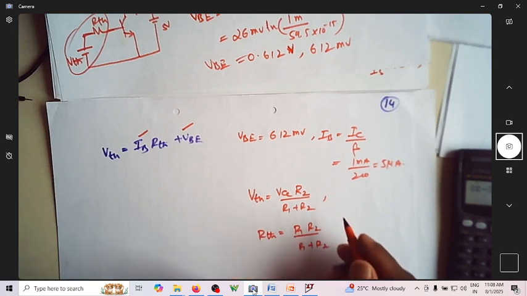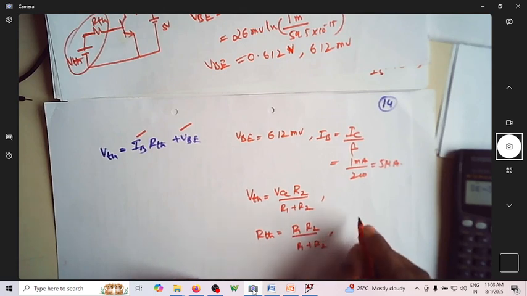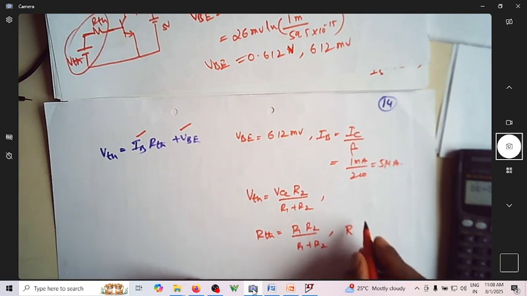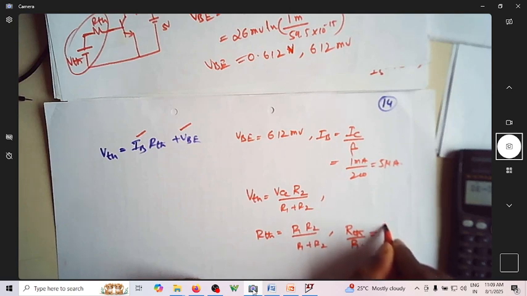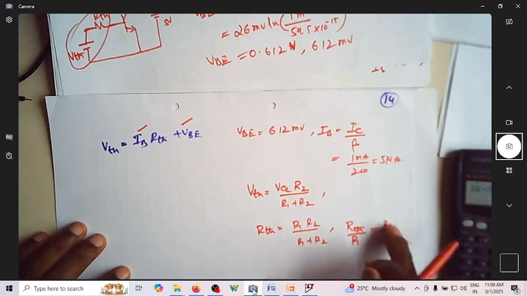So now can I write R Thevenin by R1 as R2 by R1 plus R2? Correct? I can write it as this.